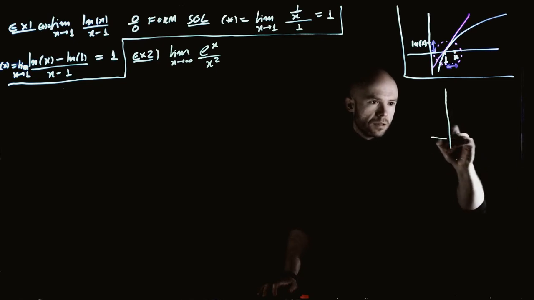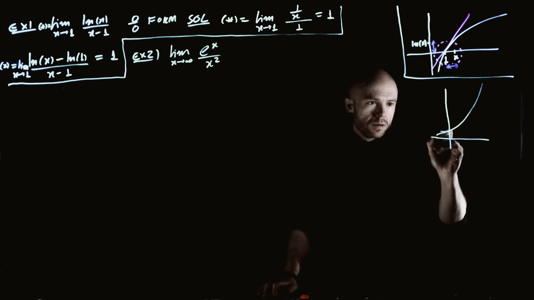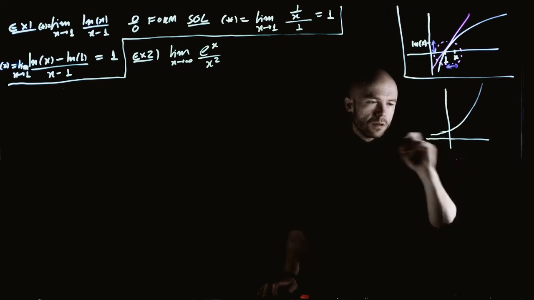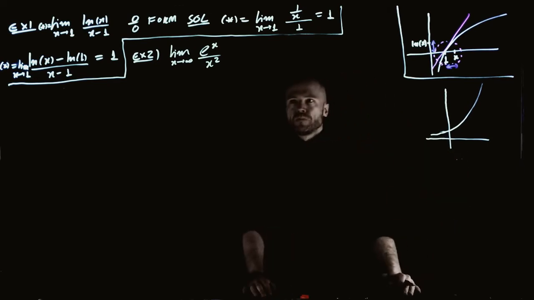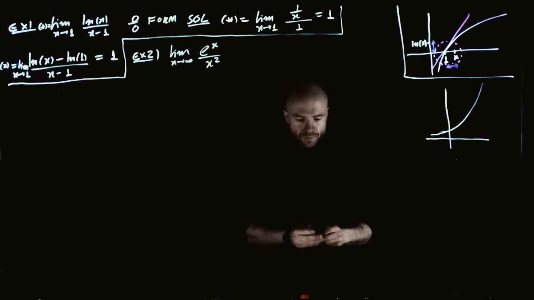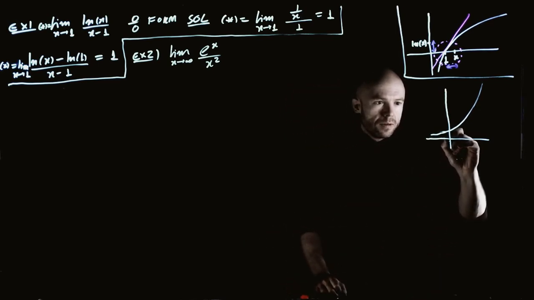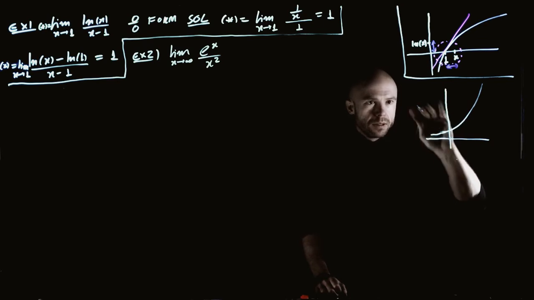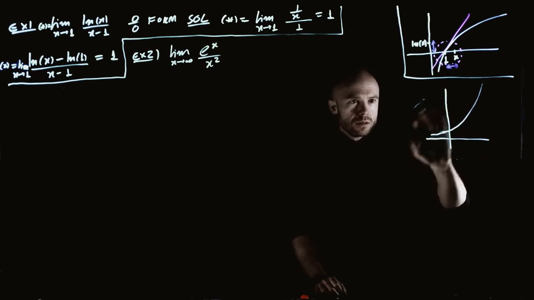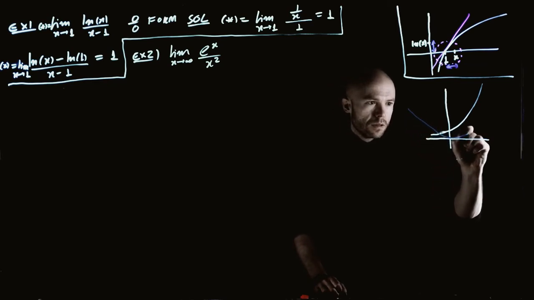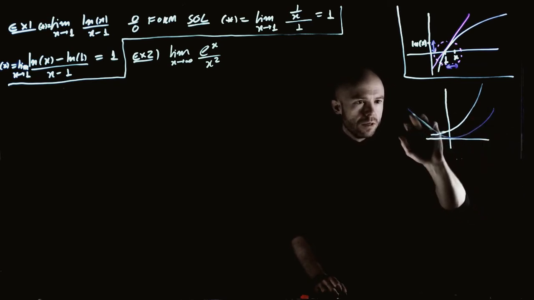And e to the x is this function that grows incredibly quickly, right? And x squared is a quadratic function which also grows fast. X squared kind of looks like this.